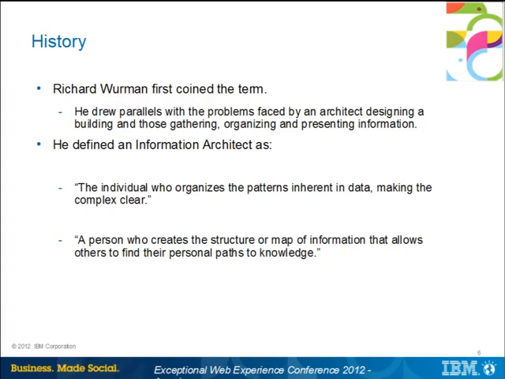So he came up with the idea of an information architect, defined as the individual who organizes the patterns in data, and it's essentially about drawing out a structure, a path to find knowledge.